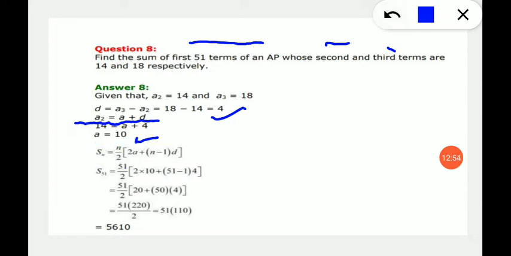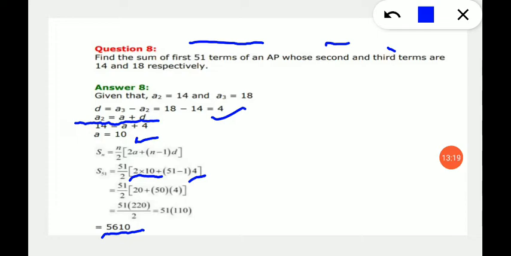So on substituting, we'll get n as 51 by 2. Already I told you that n is equal to 51. So 51 by 2 into 2 into 10, a is 10 and d is 4. After solving, we will get 5610, which is our answer.